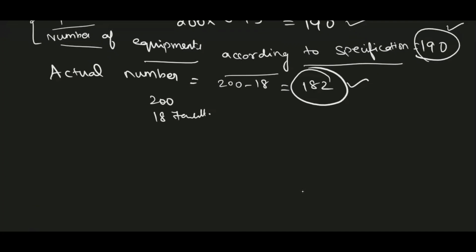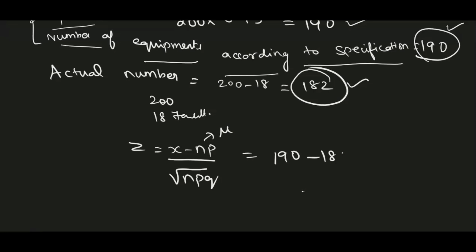190. So your Z, when you write the formula, is X minus mu, sorry, X minus NP by root of NPQ. This I can write as mu also, both are the same. So 190 minus 182 by root of N is 200, P is 0.95 into Q is 0.05.